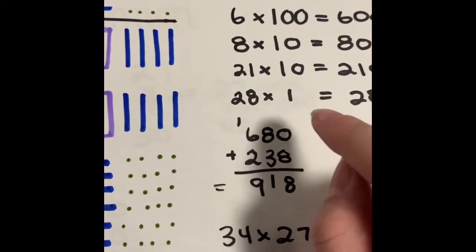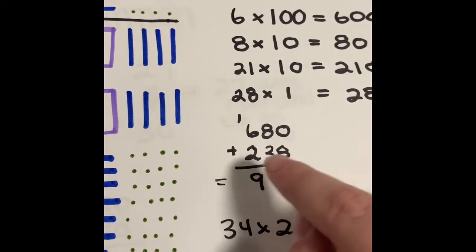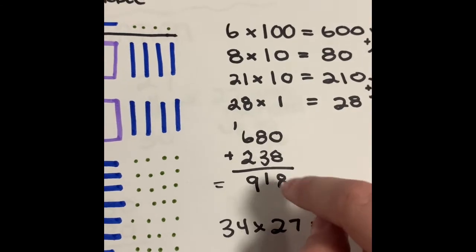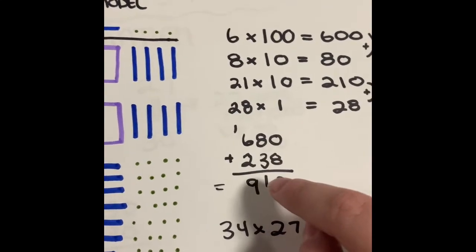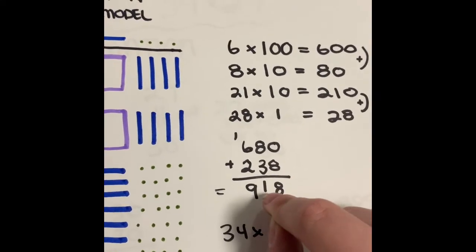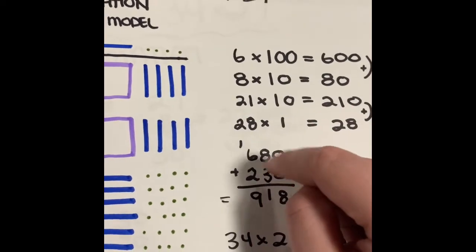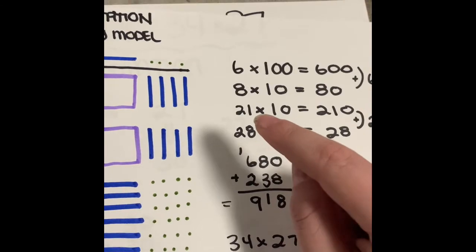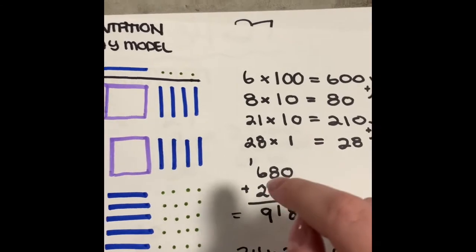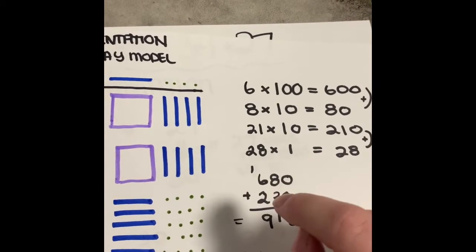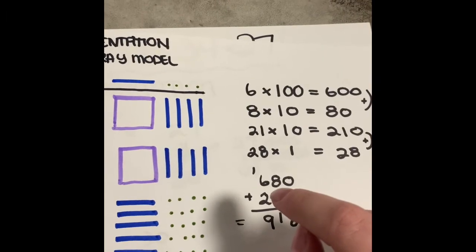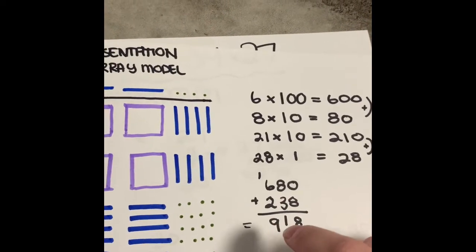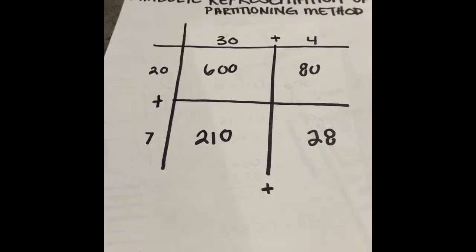Then we're going to add 680 plus 238. 0 plus 8 equals 8, 8 plus 3 equals 11. So we're going to keep a single unit here, and then we're going to exchange 10 units for a 100 unit. Then we will have 6 plus 2 equals 8, plus the 1 equals 9, resulting in a value of 918.